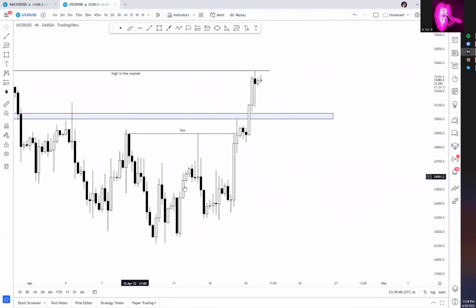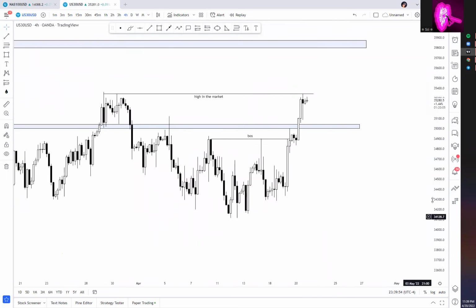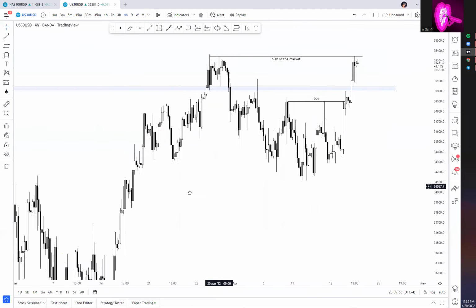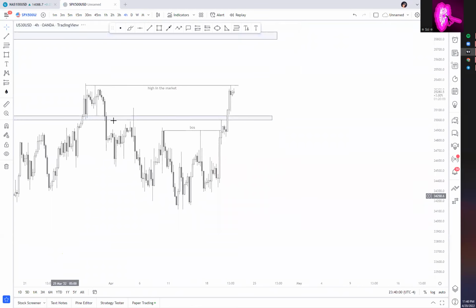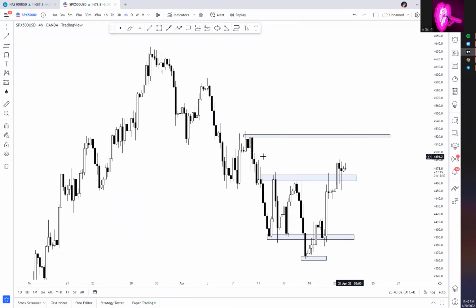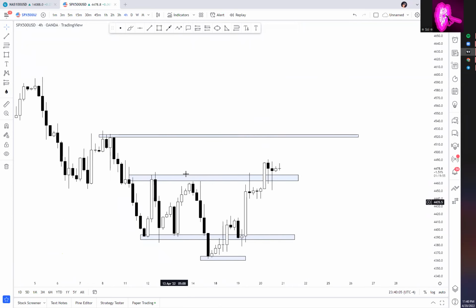this is the area that we were selling off when NAS was selling off, but US30 continued to go up to the upside. And NAS usually follows right behind it, along with SPX. So you can see the same structure as NAS. You can literally see the same structure, but NAS didn't break this resistance.